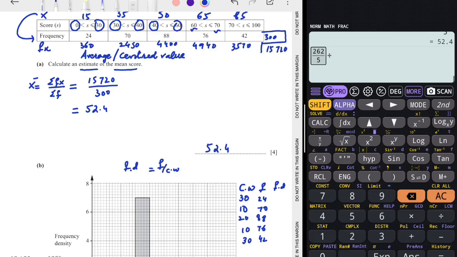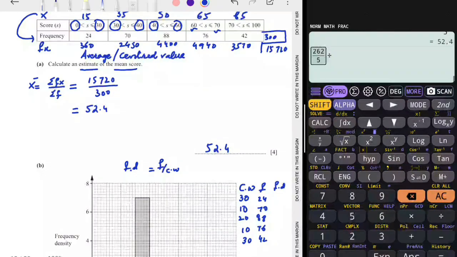We use this formula when intervals are not the same or class width is different. Like over here, the first class width is 30, then 10, then 20, then 10, then 30 again. So class width is varying, and for that purpose we always use the frequency density method.